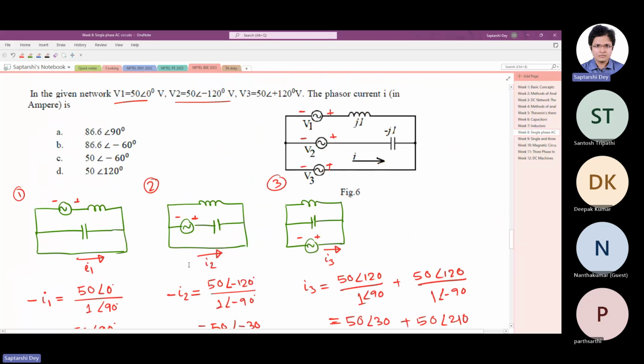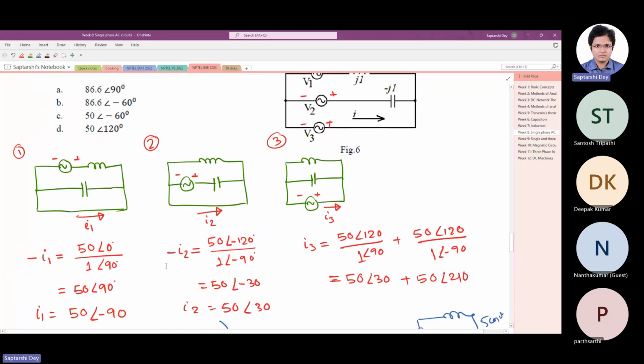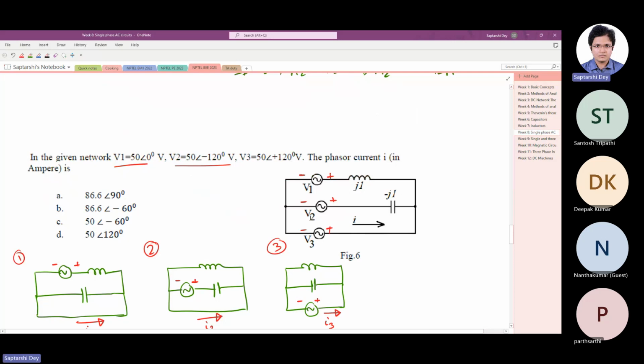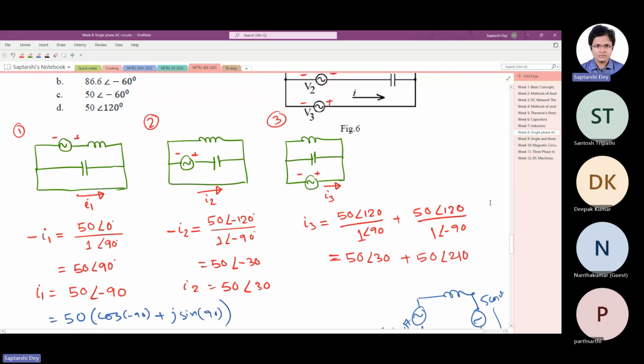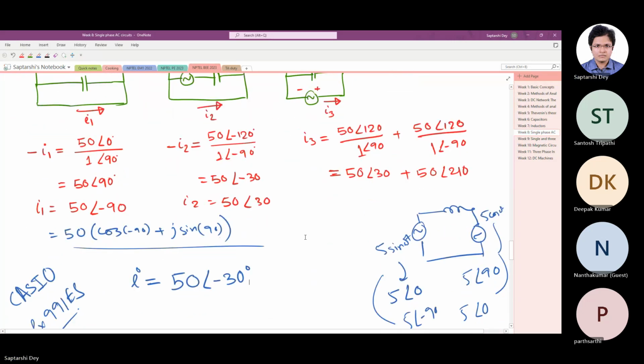I1 we found like this. Angles are correct. This is 90. This is cap. So minus. And this is 50 angle 120, right? 50 angle 120, yes, J1, so 1 angle 90, 1 angle minus 90, 50 angle 30, 50 angle 210, and then I reversed the values.